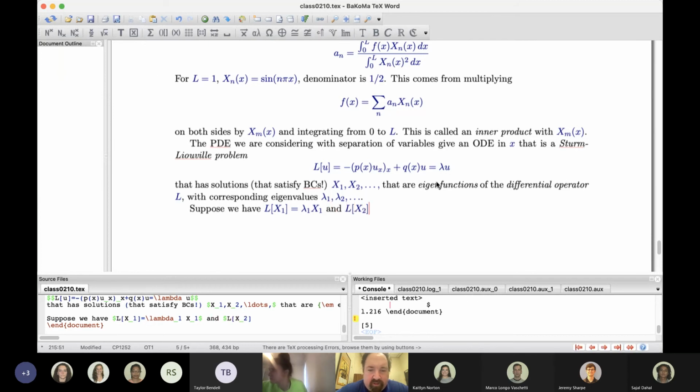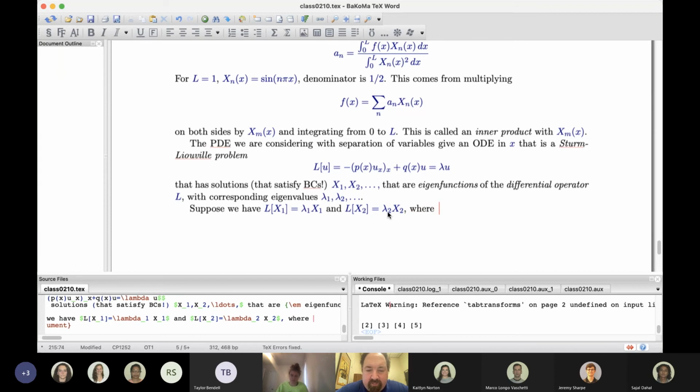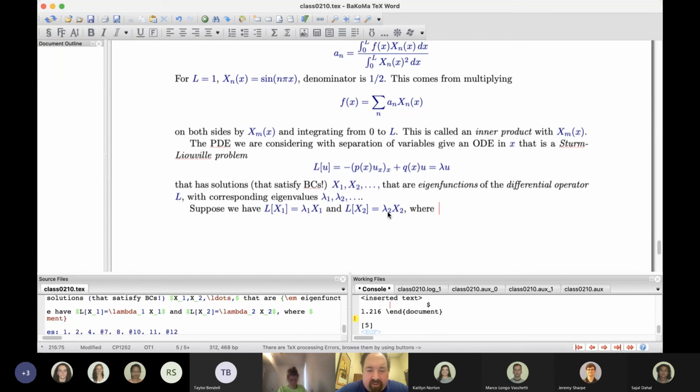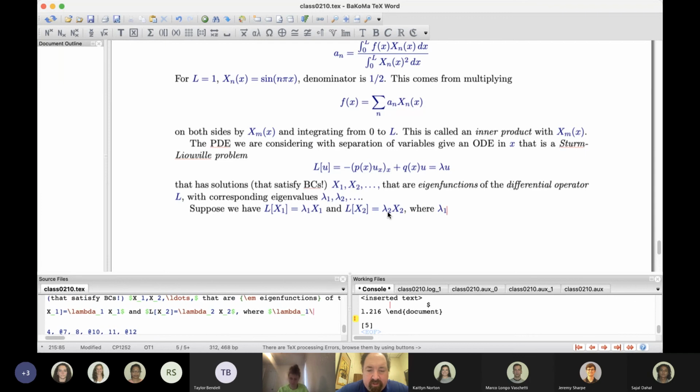And another solution x2 for a different eigenvalue lambda 2. I'm making it explicit that these lambda values are different.